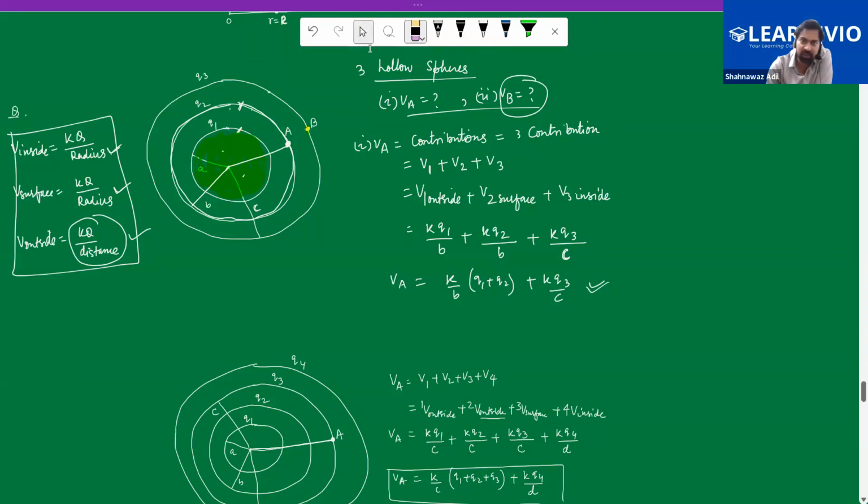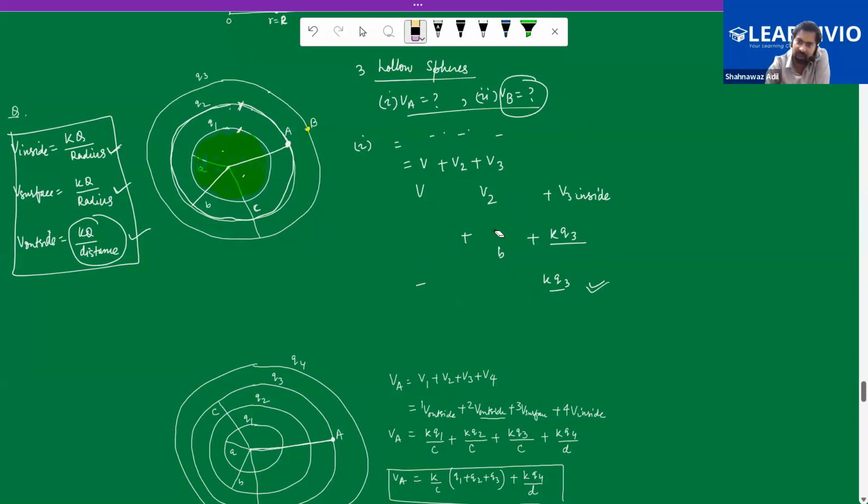So now let us calculate the potential at B. And remember, the potential due to a hollow sphere will have three conditions: if we are inside, at the surface of the sphere, or outside the surface of the sphere.